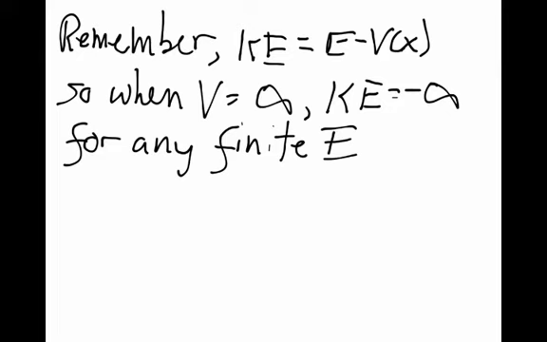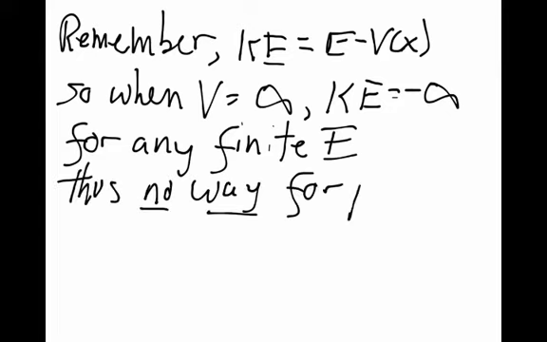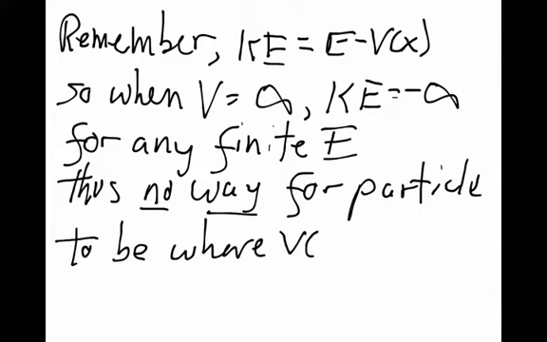So any value of energy we pick, we're going to have an infinitely negative kinetic energy. And that sounds pretty weird. So basically there's no way for this particle to be found. The probability is going to be absolutely 0 for the particle to be someplace where the potential goes to positive infinity.